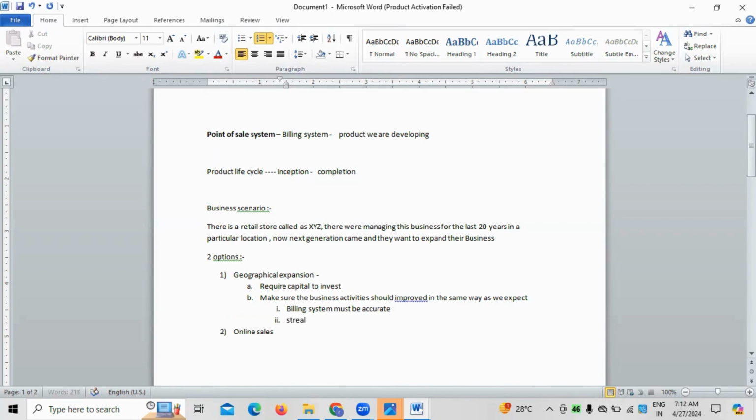Next, you want to streamline your supply chain management process.